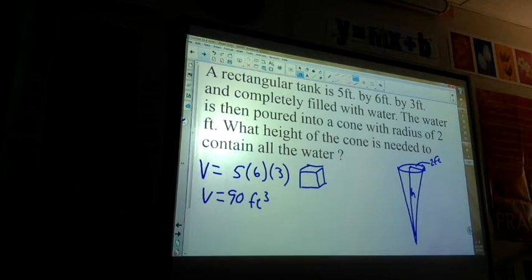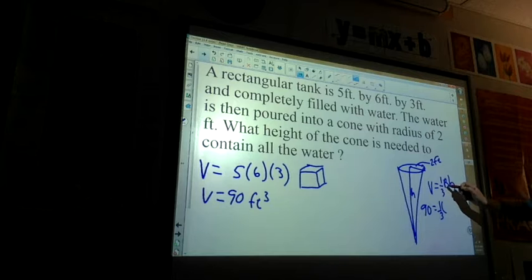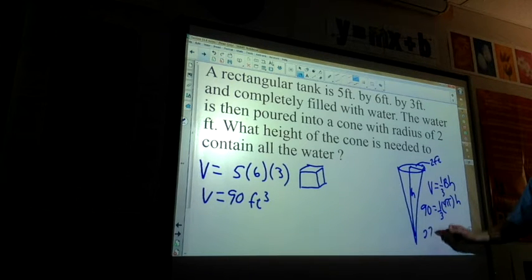So I know volume is equal to 1/3 base times height. I know the volume needs to be 90, yes? 1/3 area of the base, pi r squared, is 4 pi. Height, I'm going to multiply by 3 over here, so I get 270 equals 4 pi times height.